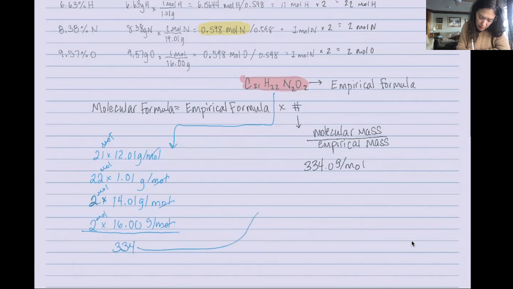Notice that the molecular mass is also 334. That means that our molecular formula is actually the same as the empirical formula.